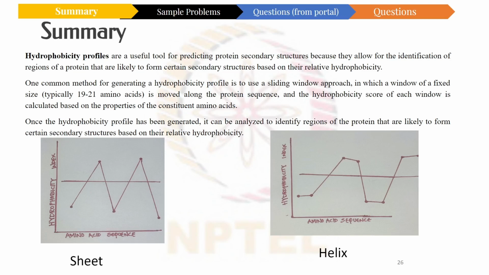I was under the impression that only helices which pack as amphiphilic will have this kind of a feature, whereas a regular helix occurring in a globular protein may not follow any of this hydrophobic profile. See, when we take a helix, there is no rule saying that one side of the helix should be hydrophobic and the other side should be hydrophilic.